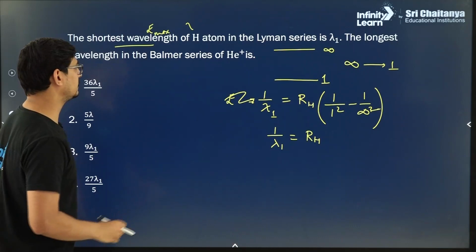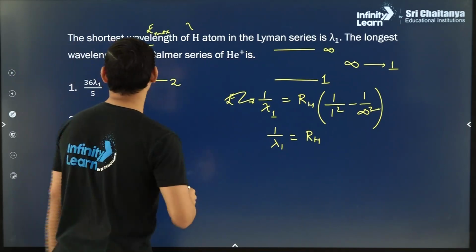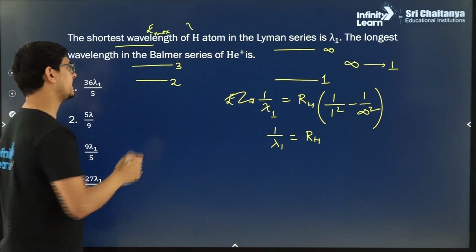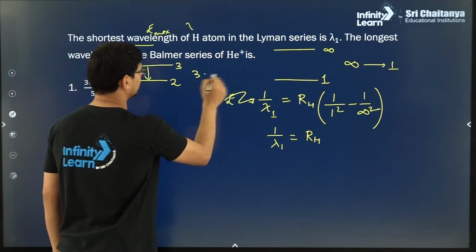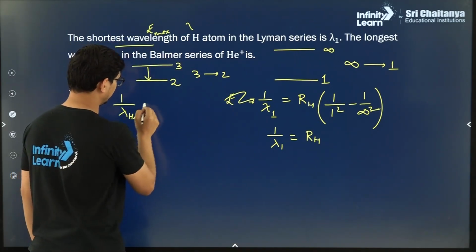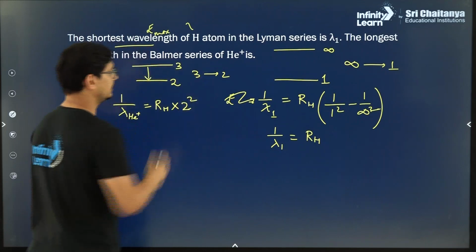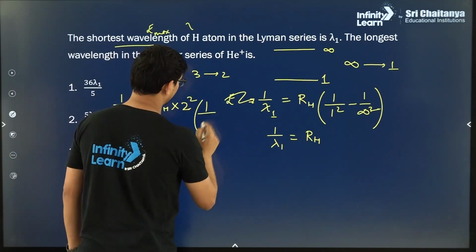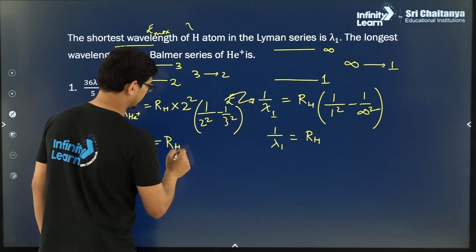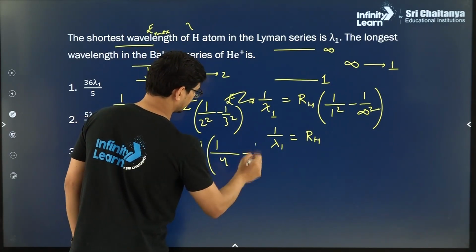Now coming to the Balmer series, the electron drops to the second orbit. The longest wavelength means the minimum energy, so the electron starts from 3, so the transition is from 3 to 2. Now 1 upon lambda of helium is Rydberg constant into z square, and for helium z is 2, into 1 upon 2 square minus 1 upon 3 square. So this is Rydberg constant into 4, and then 1 upon 4 minus 1 upon 9.